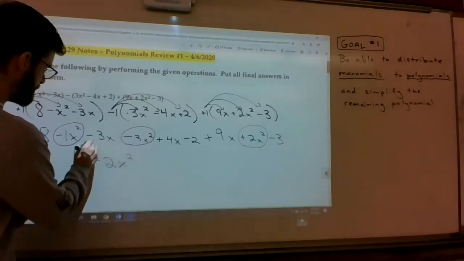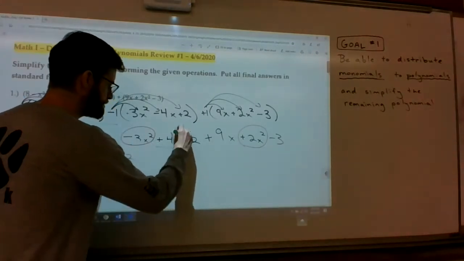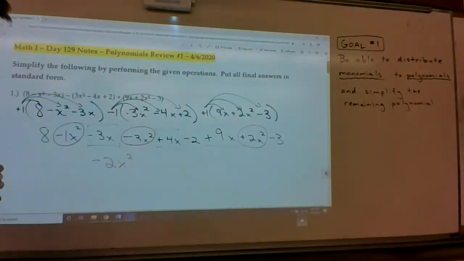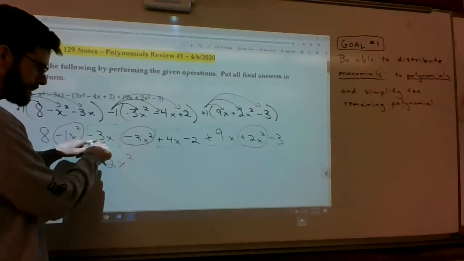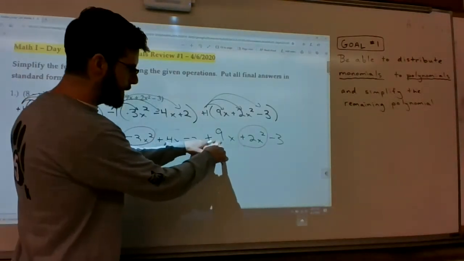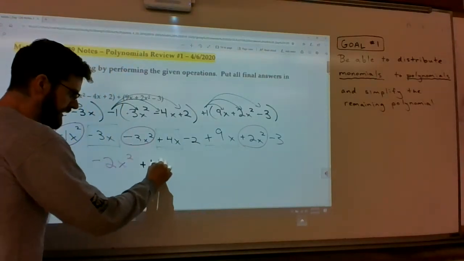The next group should be the x's. I believe that marker is past its due date, so I'm going to go back to the black marker. Negative 3 plus 4 is positive 1. Positive 1 plus 9 is positive 10. So you've got positive 10x.